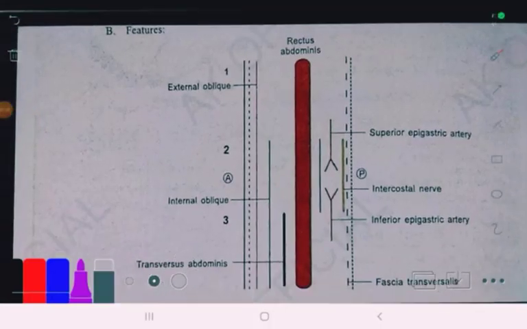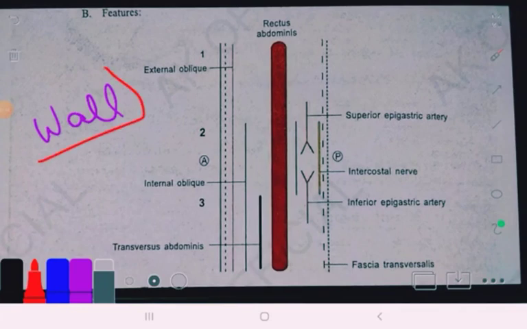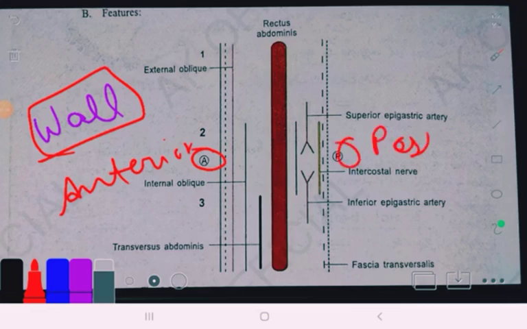Now, this is a diagram of rectus sheath. Firstly, there is a wall of rectus sheath anteriorly, and this is anterior and this is posterior.